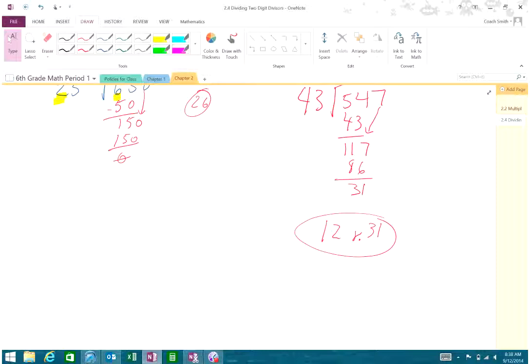Okay? Now, let's look at one that is written horizontally to make sure we're clear on that. 7,694 divided by 95.